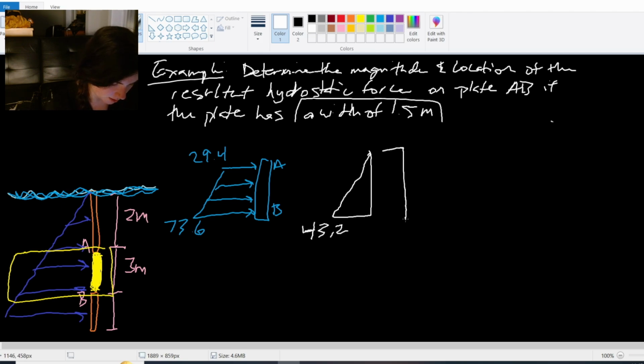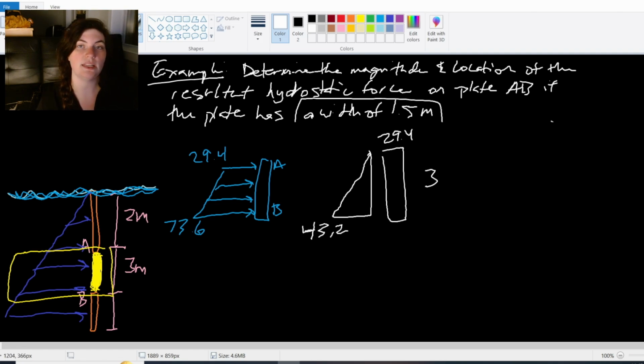And then my other shape here with a height of 29.4, and they both span this distance AB of 3 meters. So again, it's that idea of separating them out into their shapes and then finding their centroids, right? For this shape, my centroid goes halfway through the center here. For my triangle, it goes a third of the way up from the bottom.